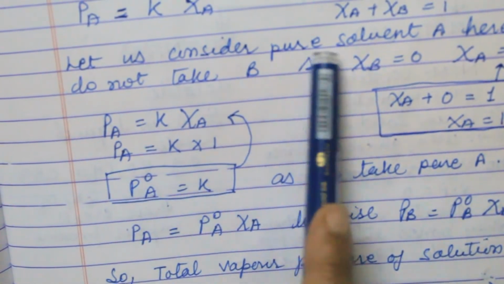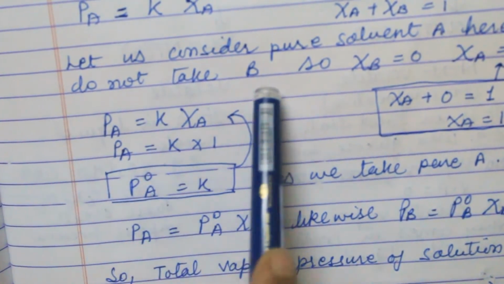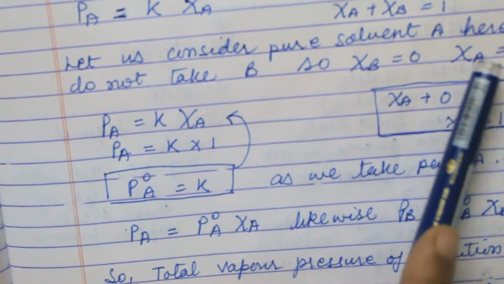So let us consider pure state A. Here we do not take B. So zeta B is 0 and zeta A is 1.